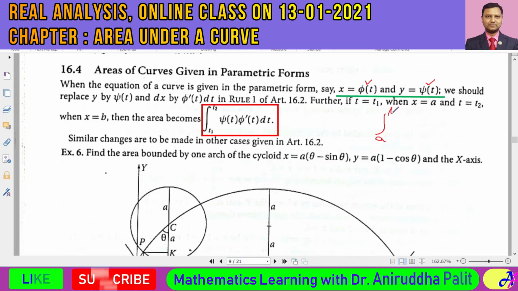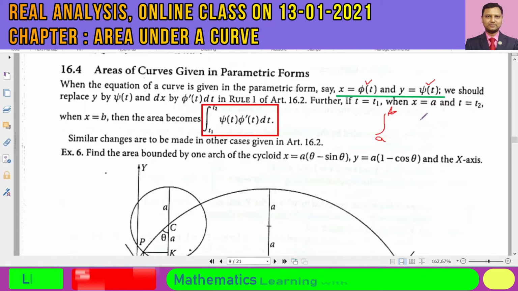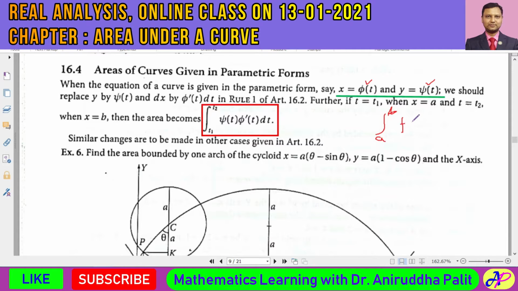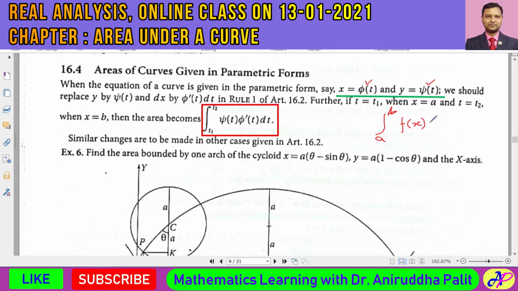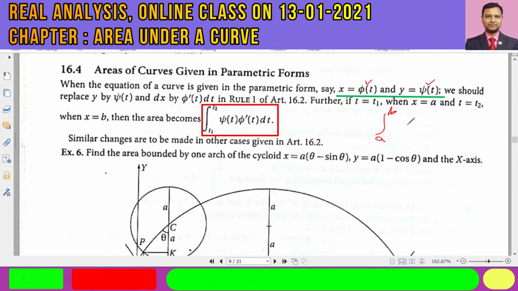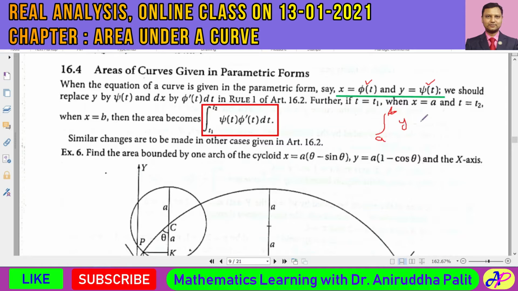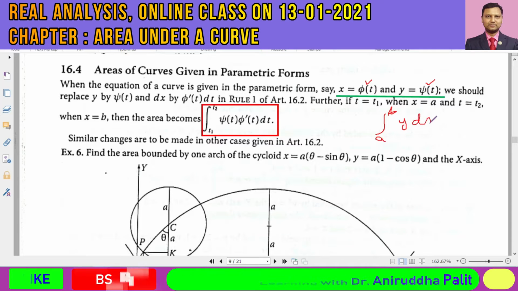representing the area is the integral from a to b of f(x) dx, for a curve y is equal to f(x). You could also write, in place of f(x), y into dx.